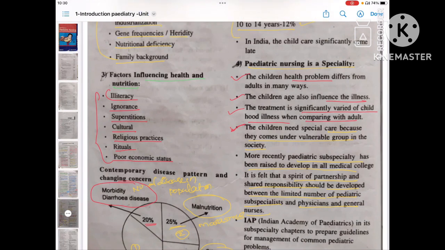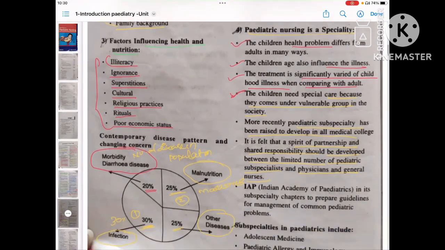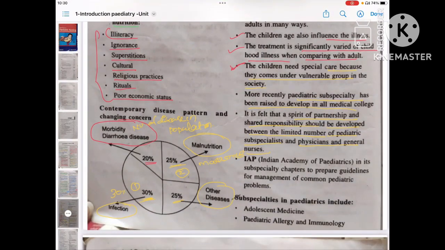Obviously, there should be partnership and responsibility to take care of the children. Otherwise, if they do not take care of the children, children will get diseases and no one is bothered about them.